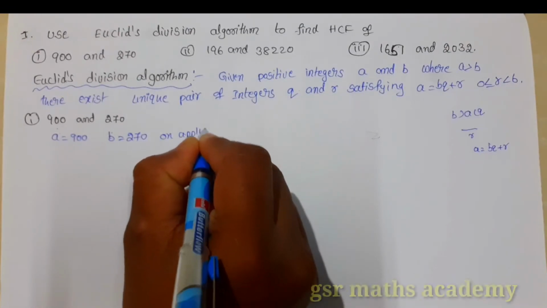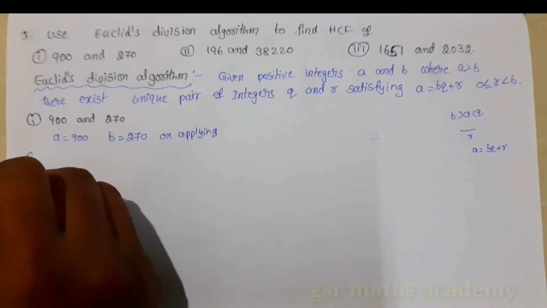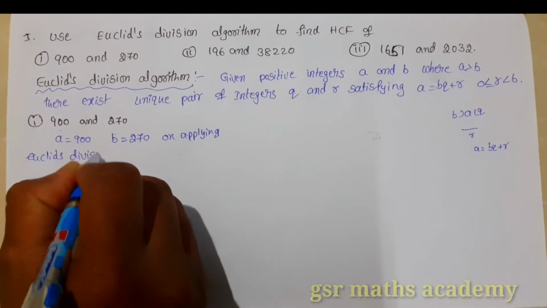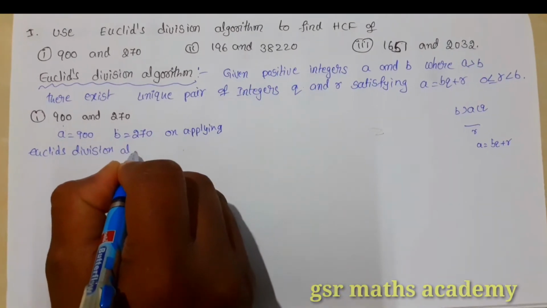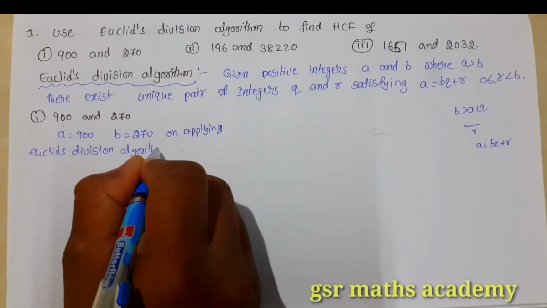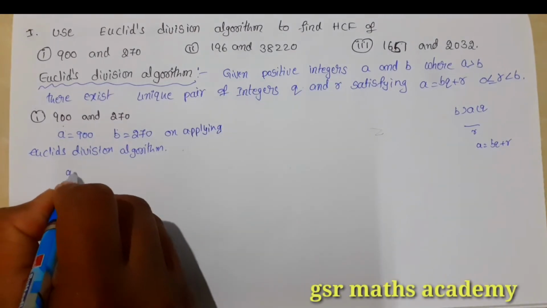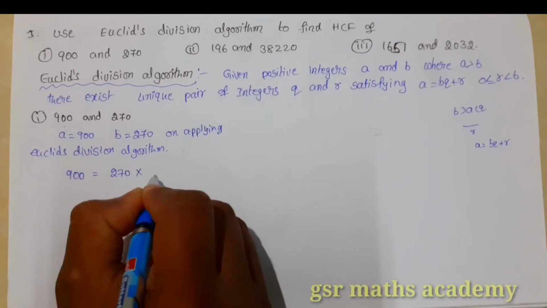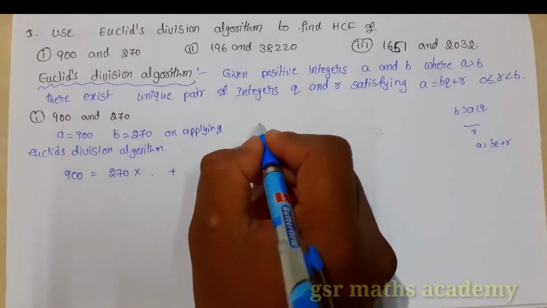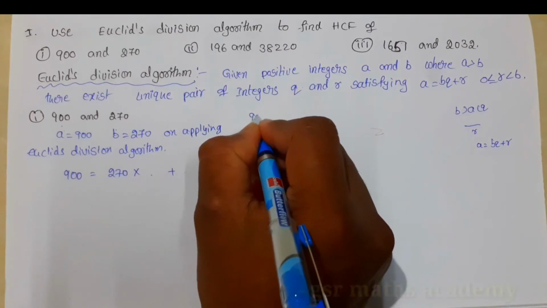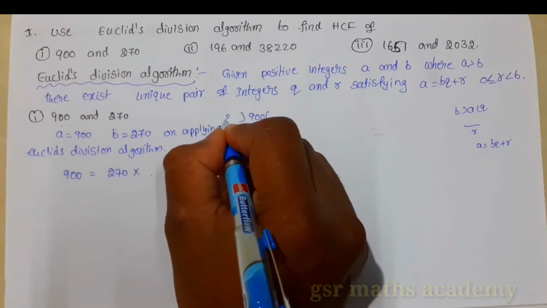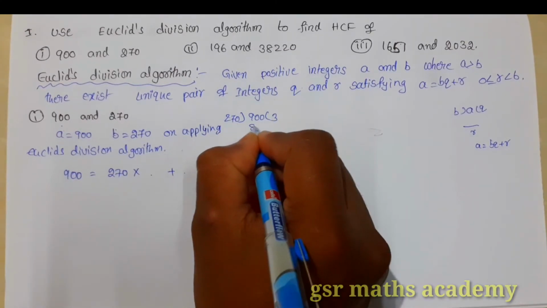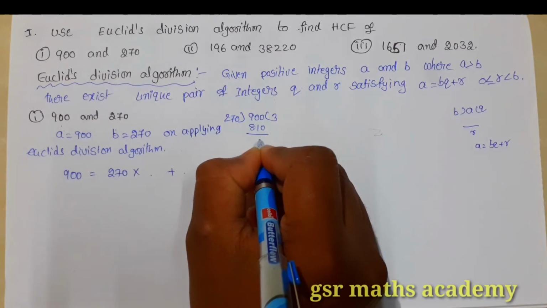On applying Euclid division algorithm, we get 900 is equal to 270 into quotient plus remainder. That means we need to divide 900 by 270. On dividing this, 270 threes are 810, then you get a remainder of 90.